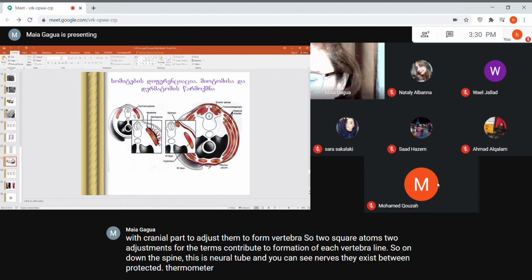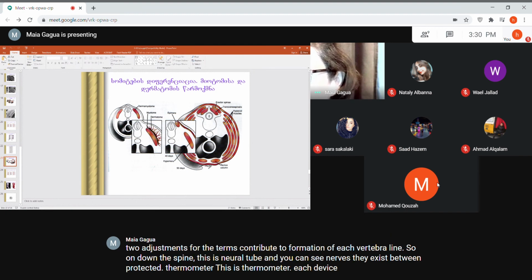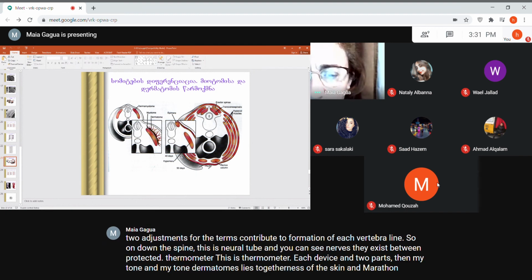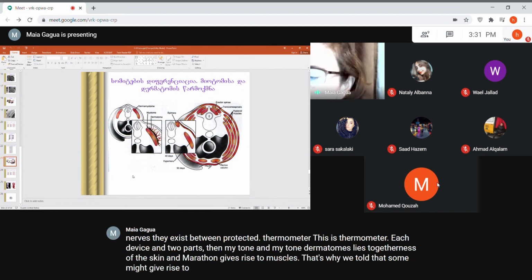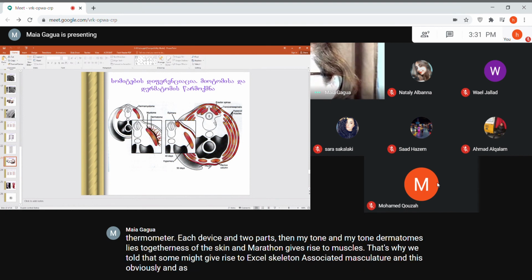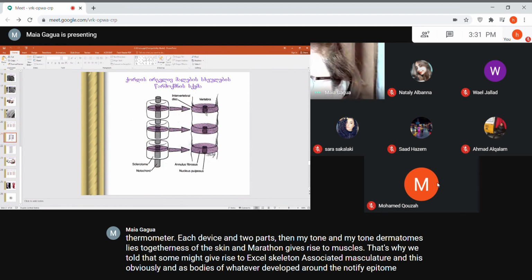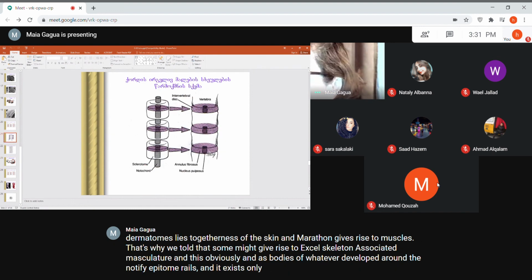Dermomyotome divides into parts, dermatome and myotome. Dermatome gives rise to dermis of the skin, and myotome gives rise to muscles. That's why we said that somites give rise to axial skeleton, associated musculature, and dermis of the skin. And as bodies of vertebrae develop around the notochord, it degenerates and it exists only in the intervertebral discs.